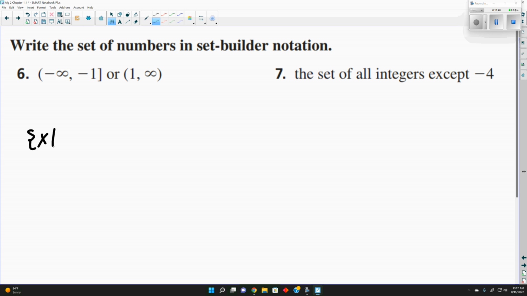Since they are unbounded, just like the last one, we'll have x is greater than or less than or greater than or equal to or less than or equal to. So for the first one, we're talking about all the numbers that are less than or equal to -1. So here, x is going to be less than or equal to -1. And really, that's the first part of our description.